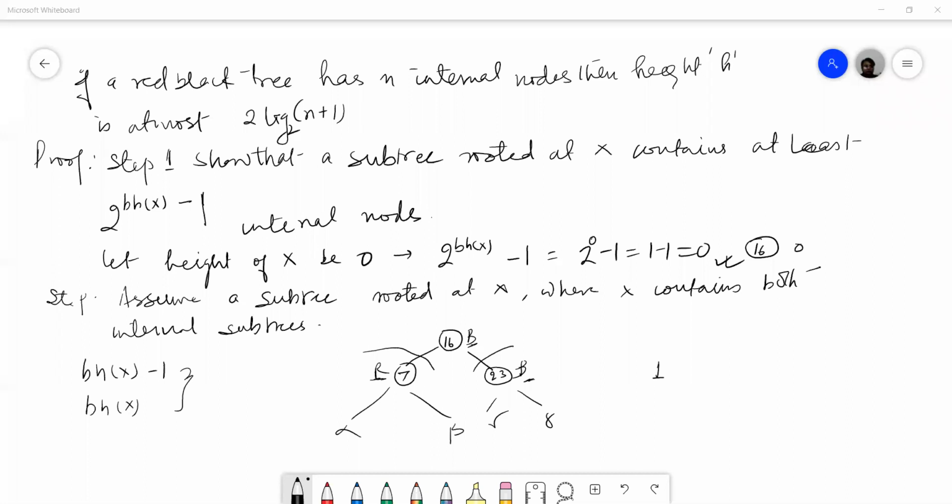Yes, okay. So if we calculate the total number of internal nodes in this case, how will we calculate it?